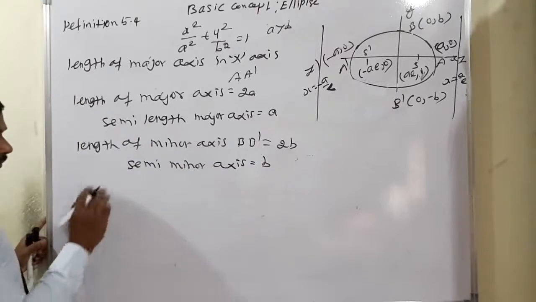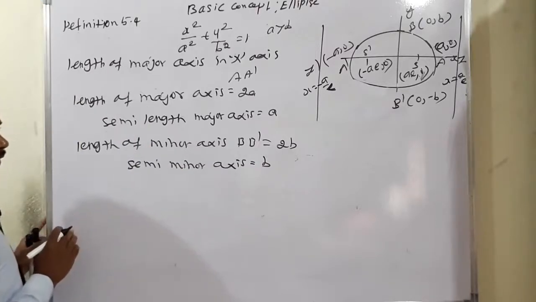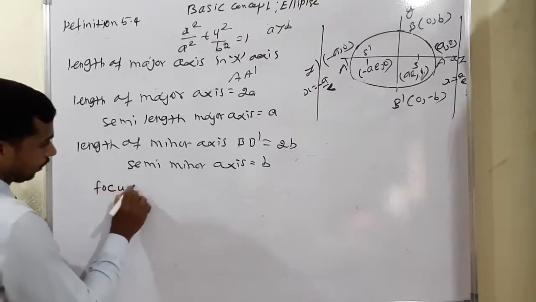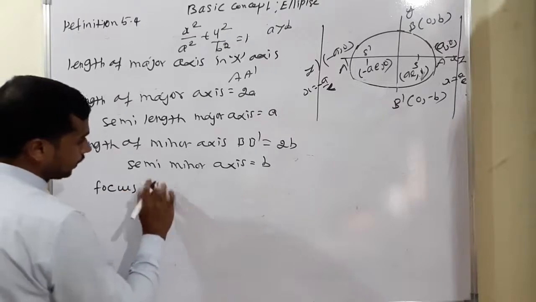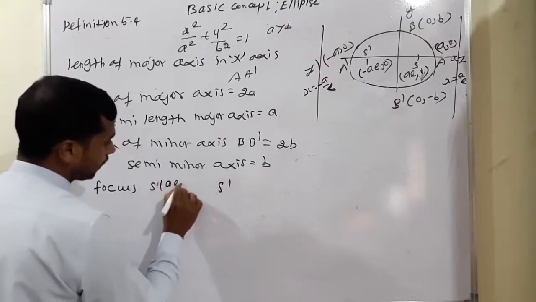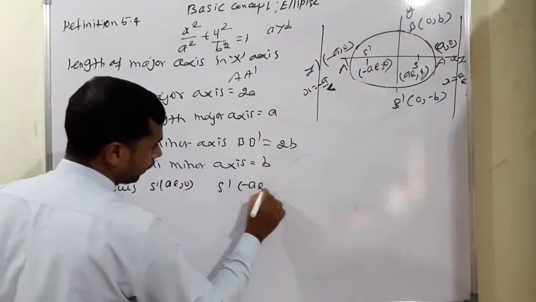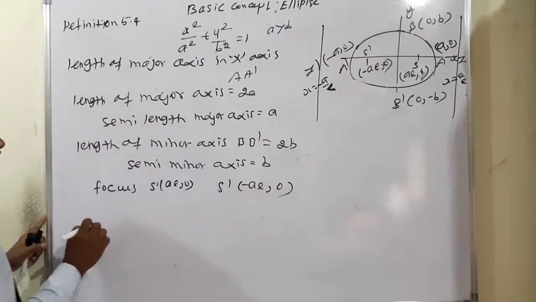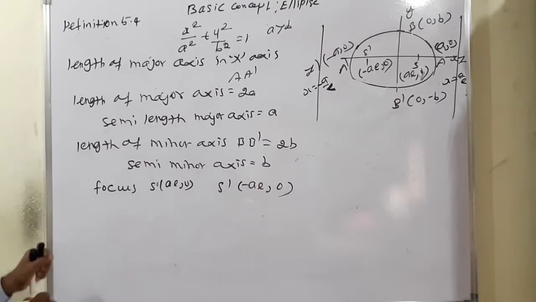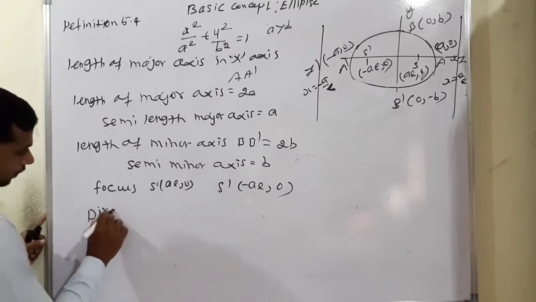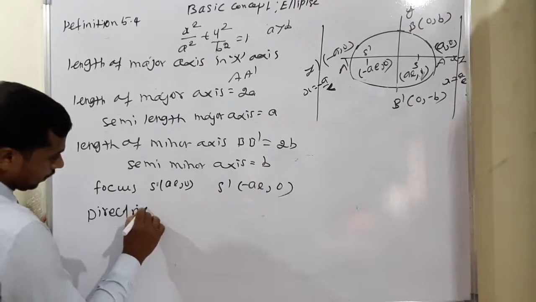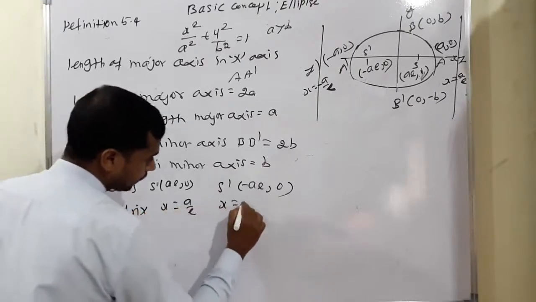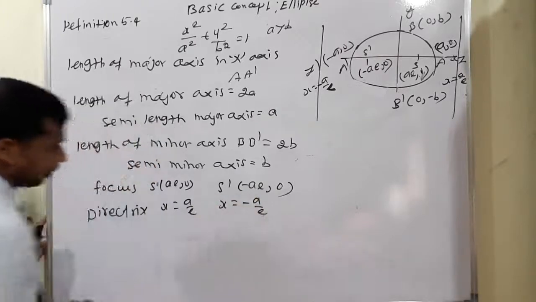Now the next point is the focus. We already know foci: S and S dash, this is AE comma 0, and this is considered for negative AE comma 0. Then the next important point, foci is also over, then directrices. The directrices are x is equal to positive A by E on the positive side, as well as negative A by E on the negative side.